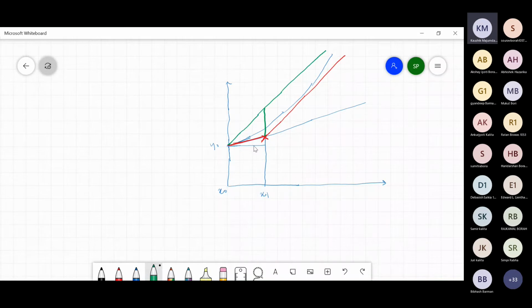That means this is your y1, and this is y1 dash. Up to this much, clear what I am doing here?